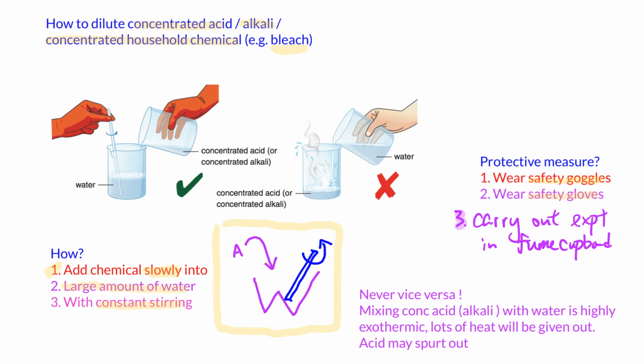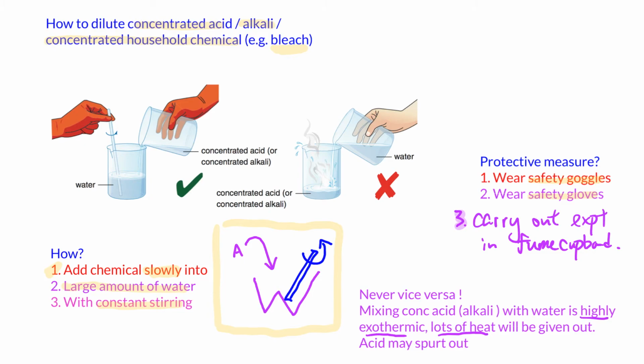So do remember, never do it vice versa. That means you don't put water into acid. If you put water into acid, that will be a big problem because mixing concentrated acid with water is highly exothermic. Highly exothermic means lots of heat will be given out.